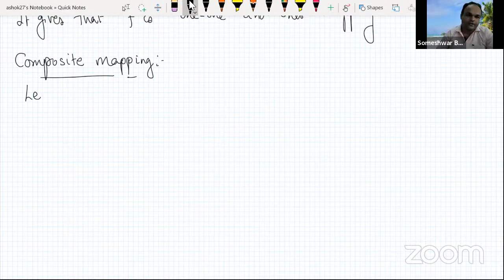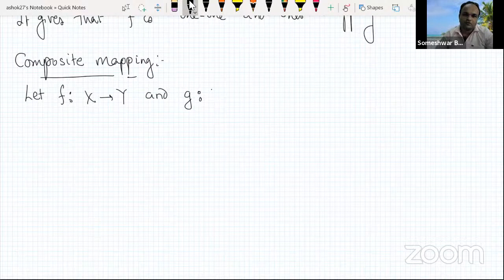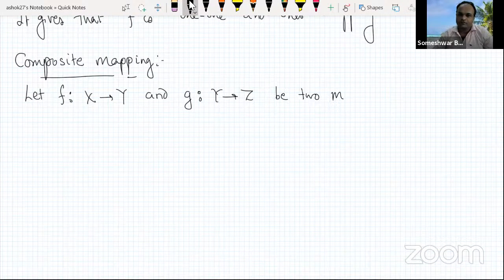Suppose F is a mapping from capital X to capital Y, and suppose G is another mapping from Y to Z. So then what is the composition of mappings? Let's suppose F and G are two mappings.